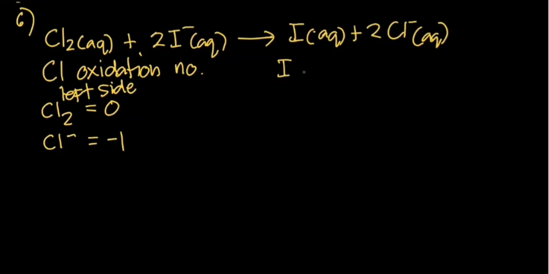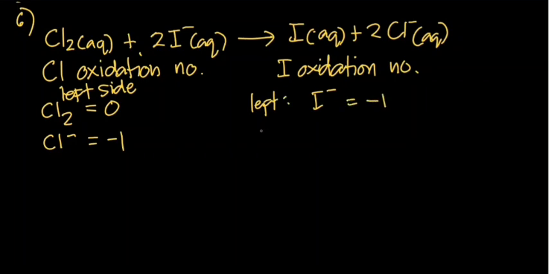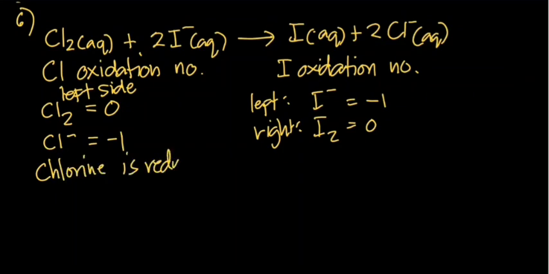And for iodine, on the left side the oxidation number is -1, and on the right side the oxidation number is 0. So chlorine here is reduced, while iodide is oxidized.